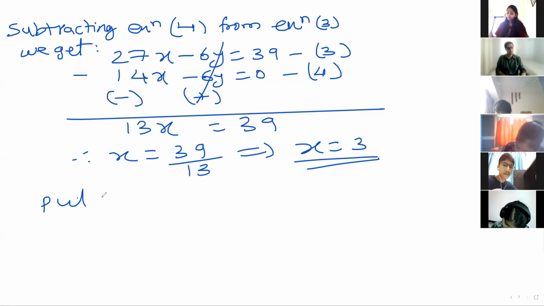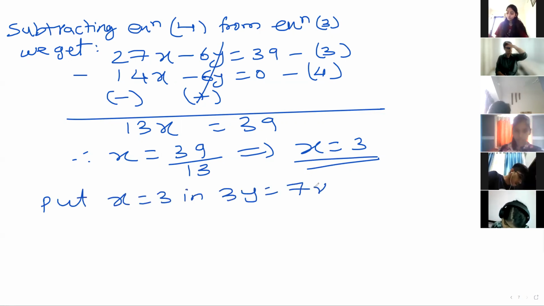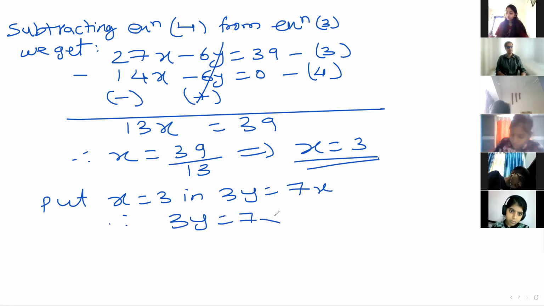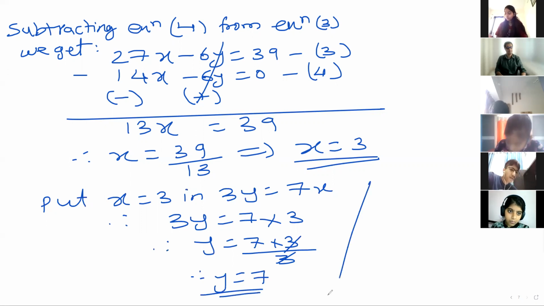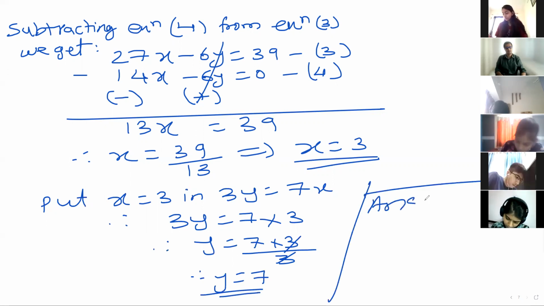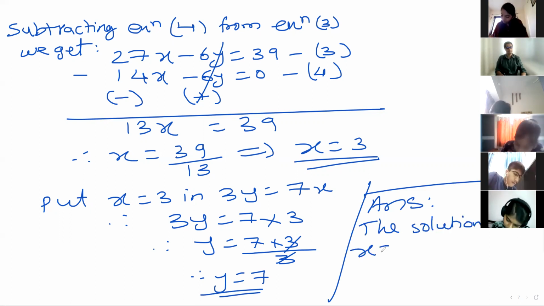Put x is equal to 3 in 3y is equal to 7x. So we have 3y is equal to 7 into 3, right? So y is equal to 7 into 3 upon 3, 3 cancels, so y will be 7. Write down the answer. The solution is x is equal to 3 and y is equal to 7.